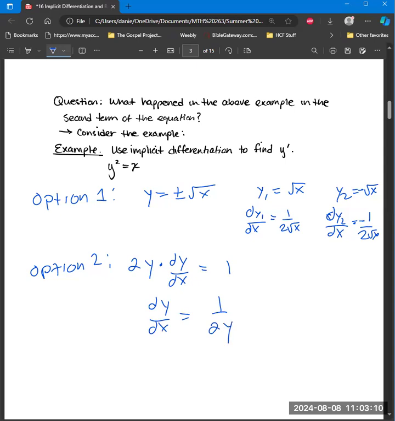And again, if I had solved for y in each of these cases, then it would make sense in y1 that this would be 1 over 2 times the square root of x. This one would be 1 over 2 times negative root x, and that negative would come up front. So we got the same answers both ways.